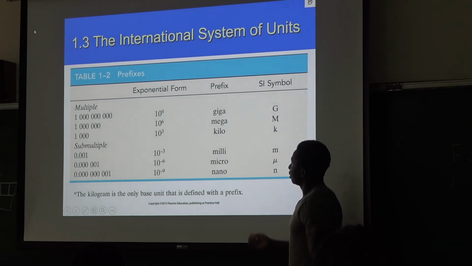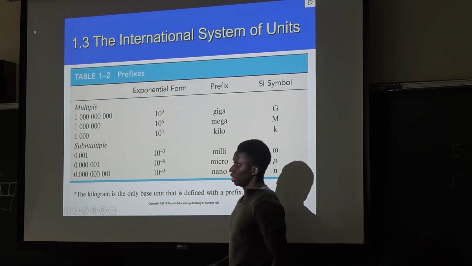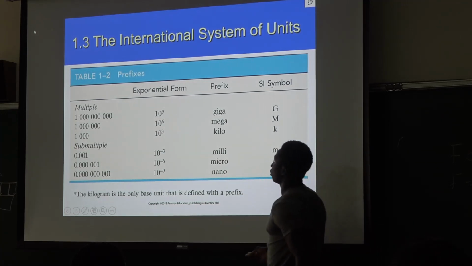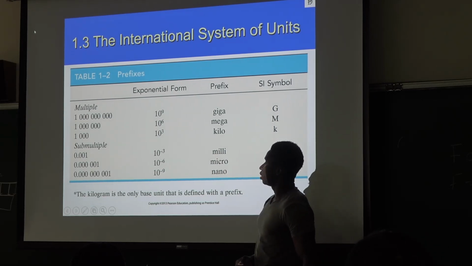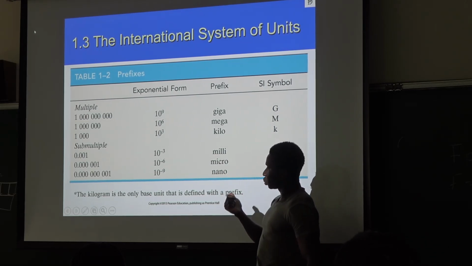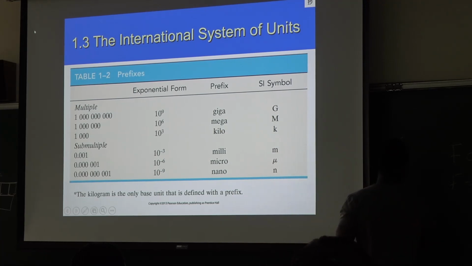Okay, and here also these are some of the exponential forms that you may see throughout this course. For example, when we talk about giganewton, it will mean what? The Newton value should be in 10 raised to the power 9.